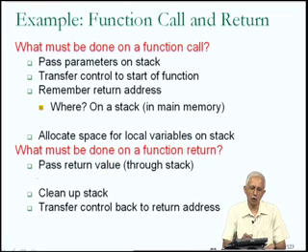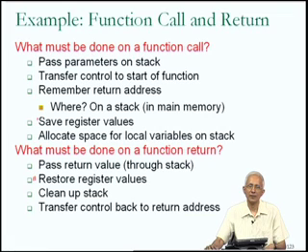As part of the function call, which is up here, I need to save the values of registers which might be used in the function that is being called, so that they can be restored on return. So the registers are saved as part of function call, and they are restored as part of function return.